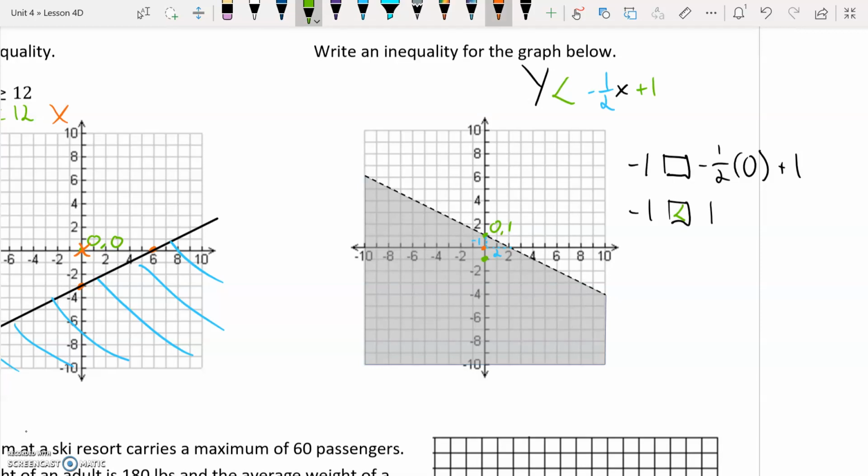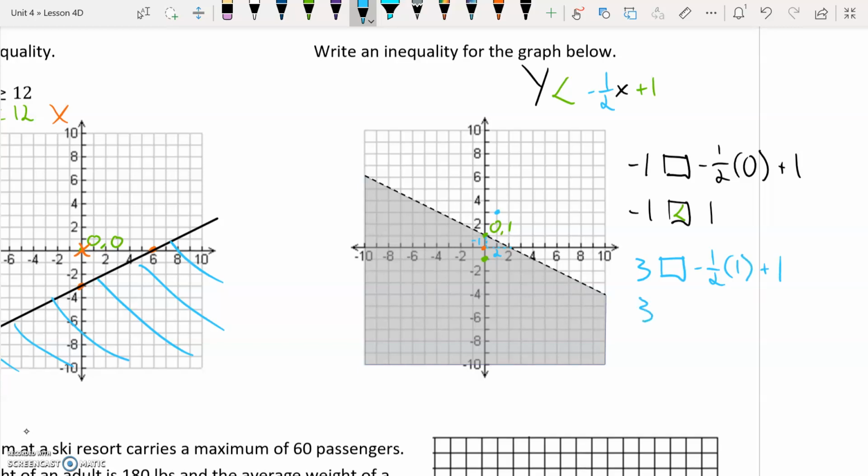Okay, now if I had chosen a point on the other side of the line, so I'm going to choose a nice simple whole number coordinate point on the other side of the line, I'm going to choose, well, let's say 1, 3, on the other side of the line. So if I were to put that one into my original equation, y at that point is 3, -1/2, and then x at that point is 1, plus 1.